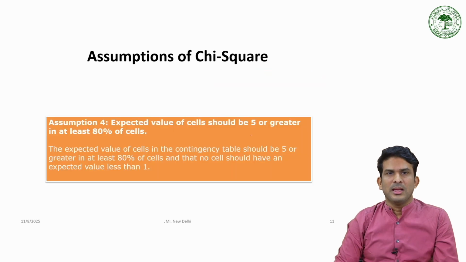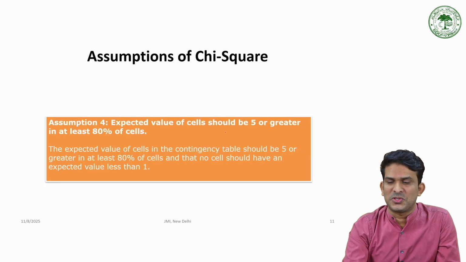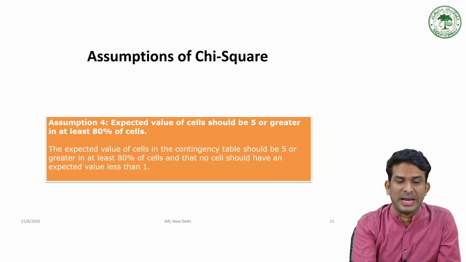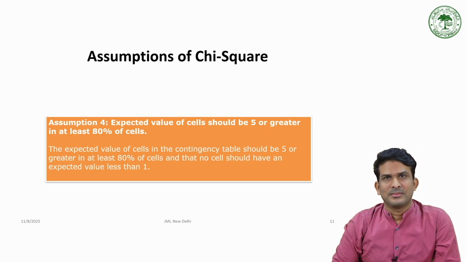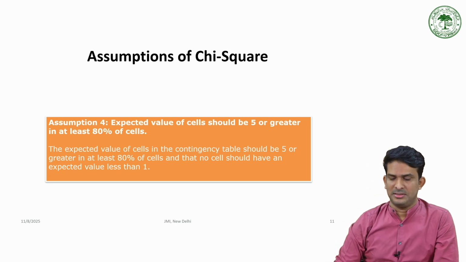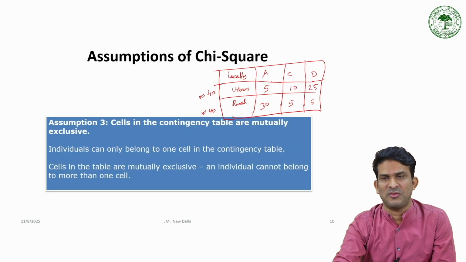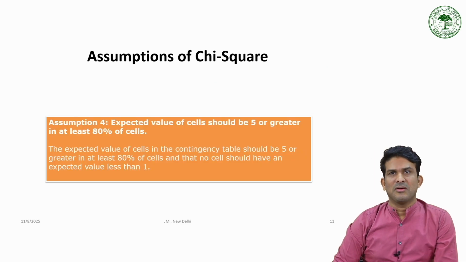Now the third assumption: expected values of cells should be 5 or greater in at least 80% of the cells. So the value should be 5 or greater. That is the concern of chi-square.